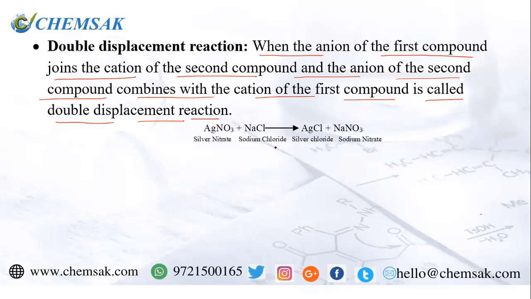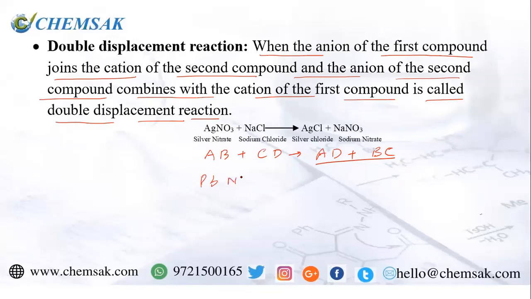तो इसमें बहुत सारी possibilities हैं. The general representation is AB plus CD gives AD and BC. ठीक है. ये displacement ऐसे होगा. Few more examples here.